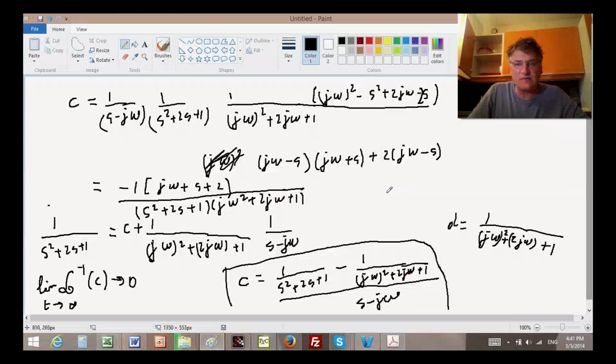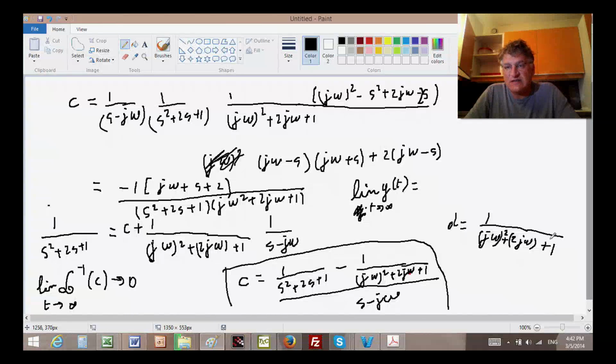And therefore, what we get is that the limit of the output of the system when t tends towards infinity is simply the inverse Laplace transform of d times 1 over s minus j omega, and therefore it will be behaving like 1 over j omega squared plus 2j omega plus 1 times e to the j omega t.